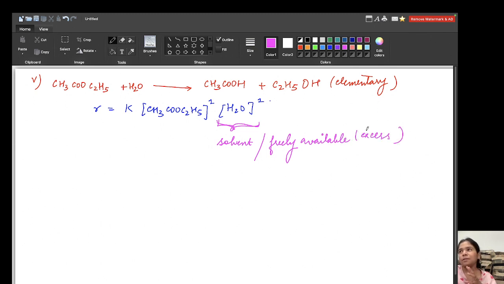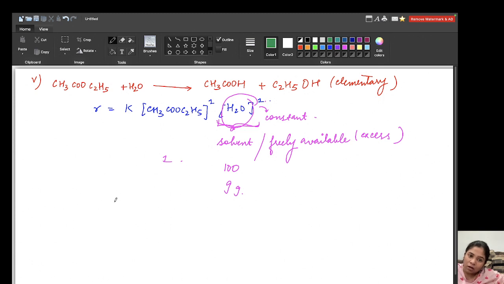Like for example, if I take 100 molecules of water and 1 molecule of CH3COOC2H5 is present, water is reacting, you are getting 99, like very negligible effect on water's concentration, like no effect, right? So this particular concentration, we regard it as constant. We define it as a constant value because this concentration is not at all changing.